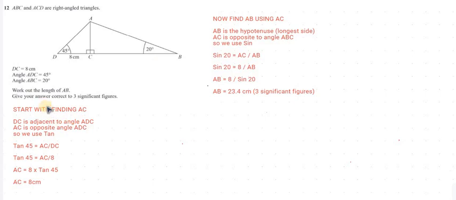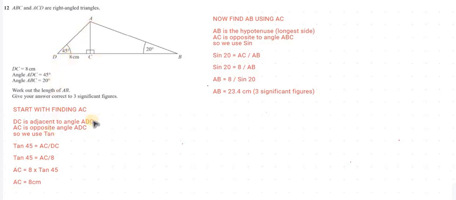Okay, so we start with finding AC because we have no length on the triangle ABC. Thus, we don't know the length of any side. So we have to find the length of a side. We can find AC. So we use SOHCAHTOA. So DC we know is 8 centimeters. And we have an angle ADC.